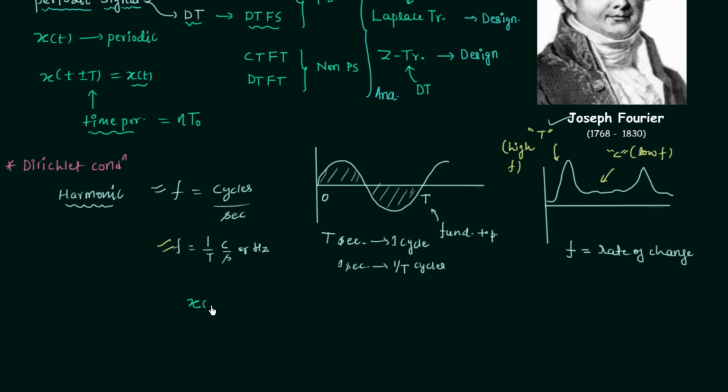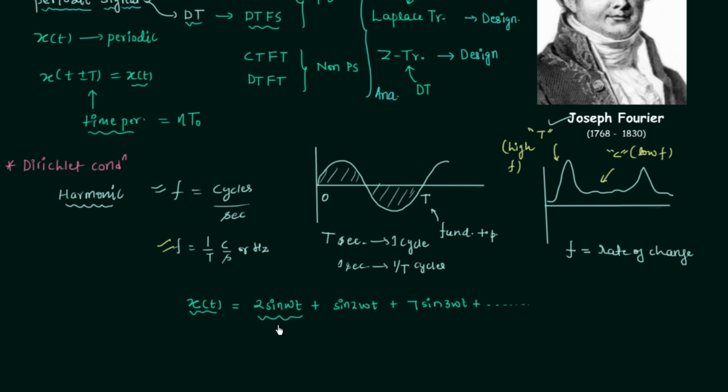In this example, signal x(t) is a periodic signal, and it is expressed as the sum of original signal and the harmonics. It is equal to 2 sin(ωt) + sin(2ωt) + 7 sin(3ωt) plus other harmonics.